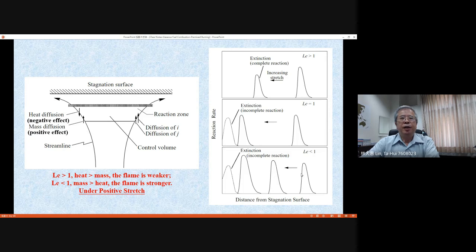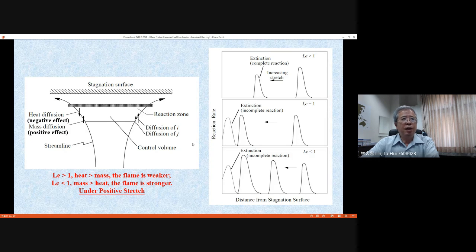Now you can see for the stagnation point flow, for the case of Lewis number smaller than 1, when you push your flame closer to the stagnation plane, the chemical reaction rate is actually enhanced continuously to a larger value. But unfortunately, the flame still needs to attach to the stagnation surface, and this will cause flame extinction because there is an incomplete reaction.